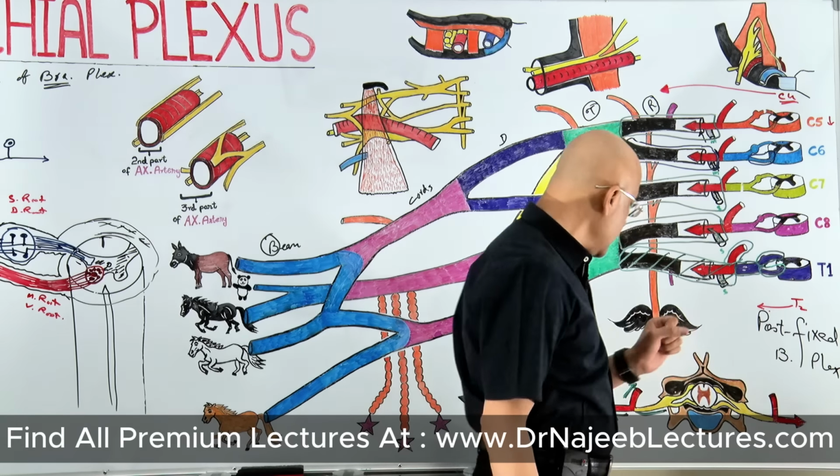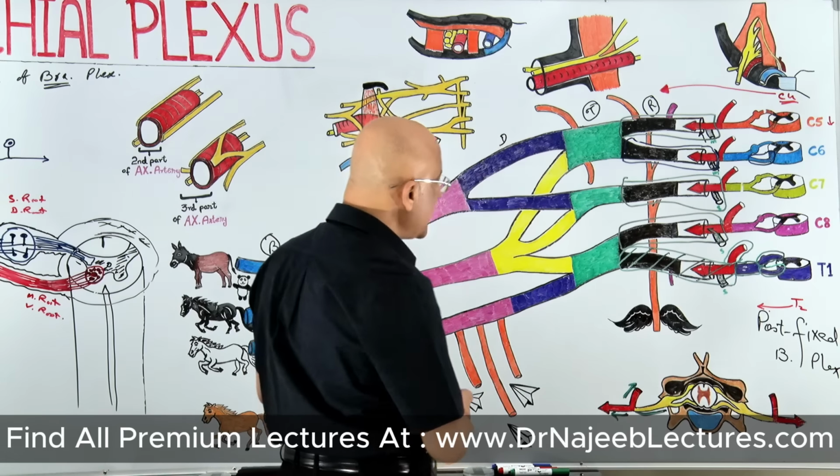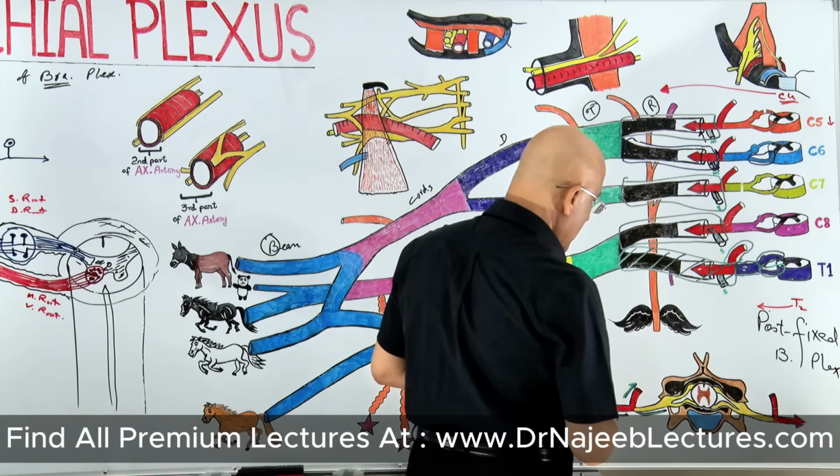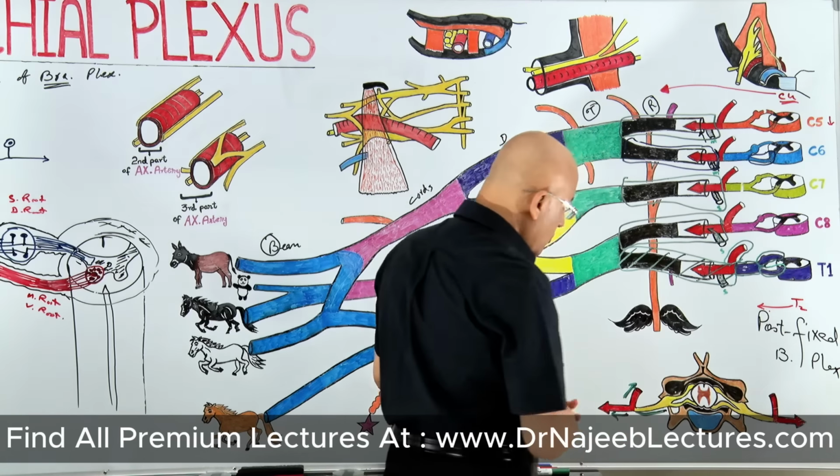Is it clear? Now, once we are done with this, we have also seen the anatomical relationship, that exactly where are these roots, right? Spinal cord roots, they are in the spinal vertebral canal, and what is this coming out?